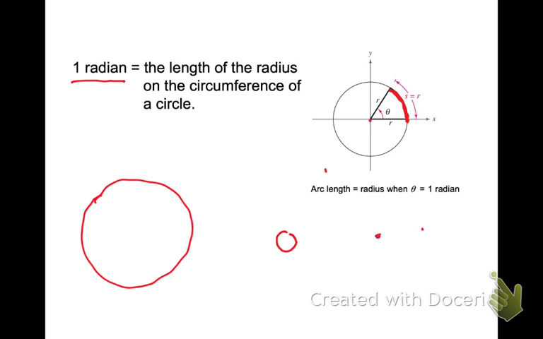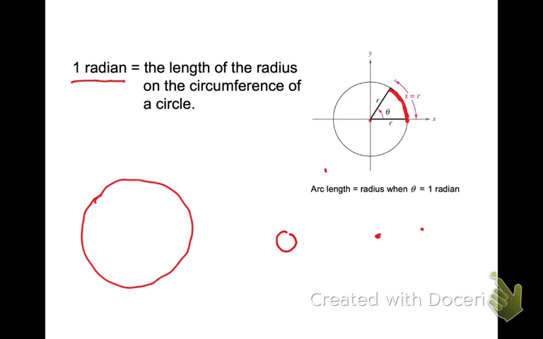There is approximately 6.28 radians, because it's 360 degrees, so they all should have the same.